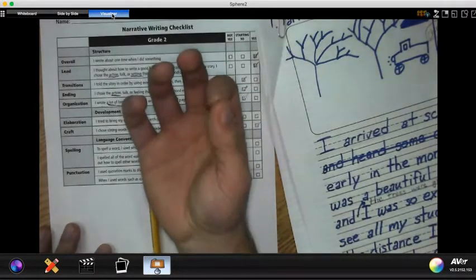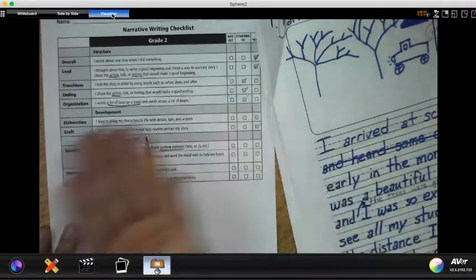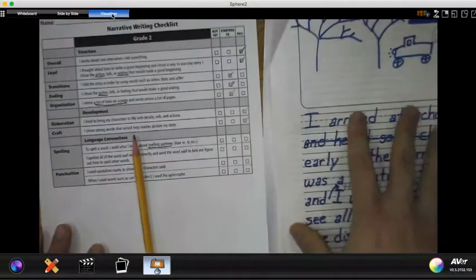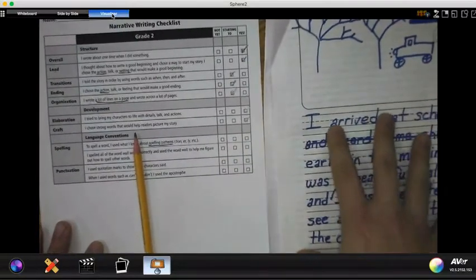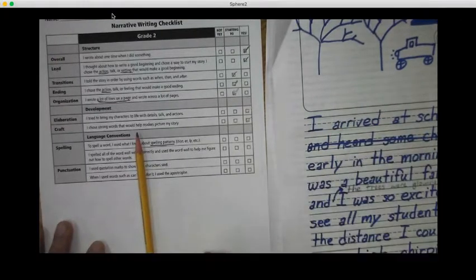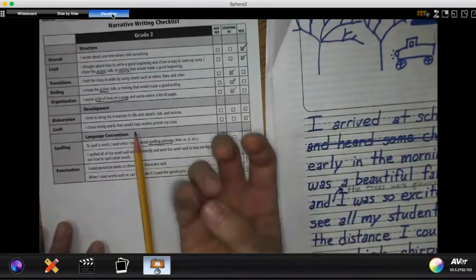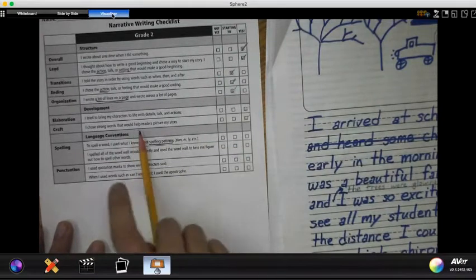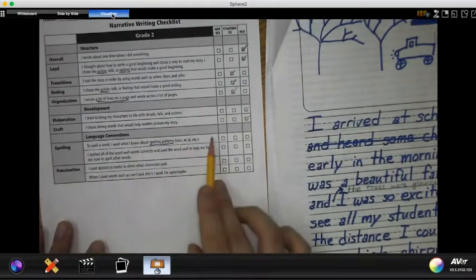So all those words that we can decode and tap out and scoop, I'm expecting to see those correctly written in our writing. Even if they're not correctly spelled, I want to see the correct sounds in those words, the ones that we've learned. So that's what I'm going to be grading you on here.